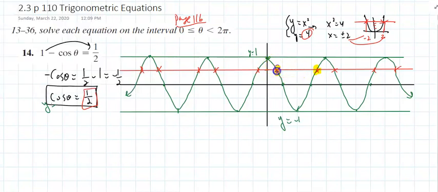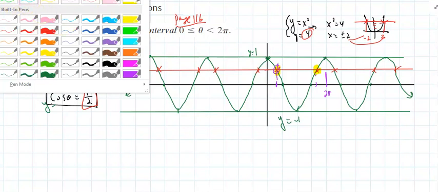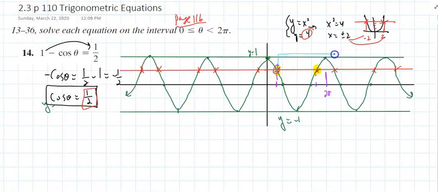Once I know what this solution is, and keep in mind, this is one full cycle of a cosine, so this is between 0 and 2 pi, my unit circle. Once I know what this value is, I'll add a period and figure out what this is. I'll add another period and figure out what this is.